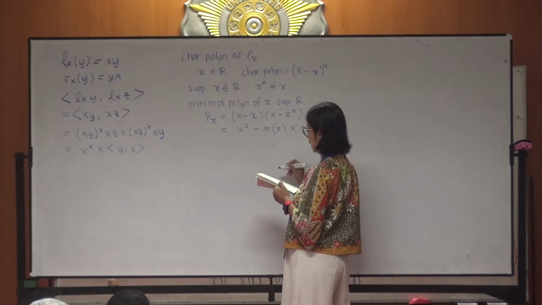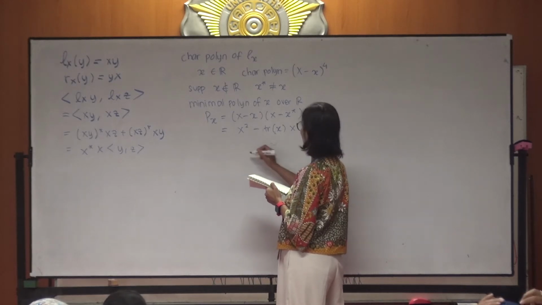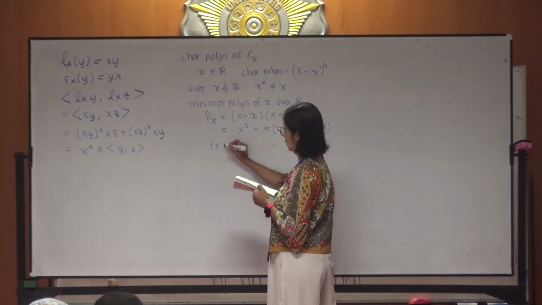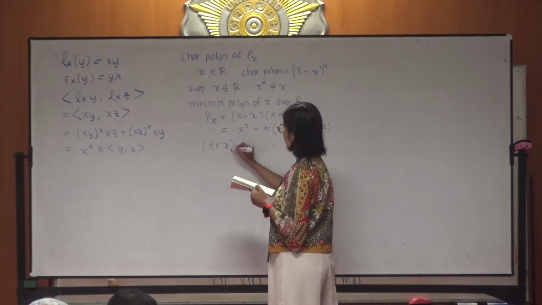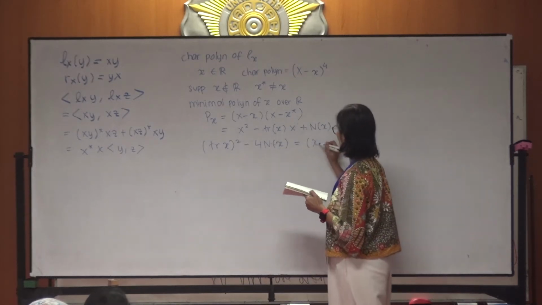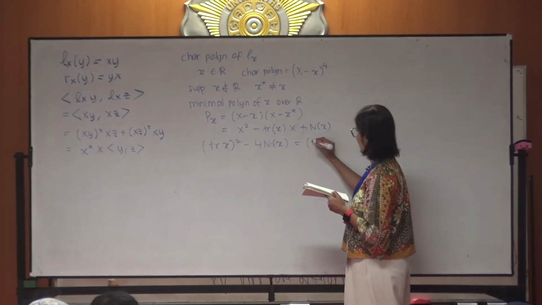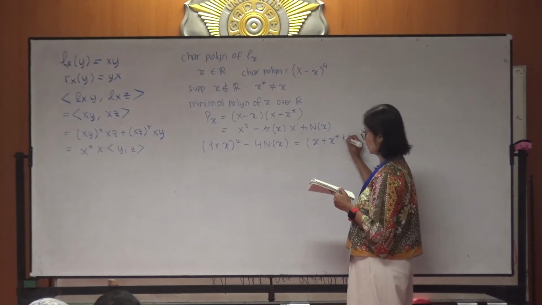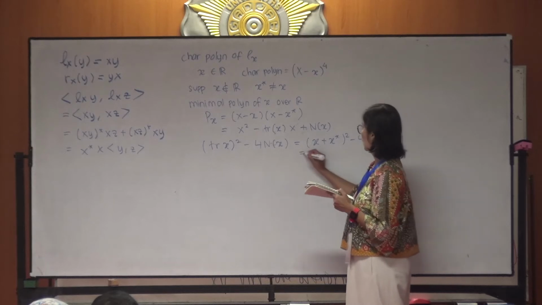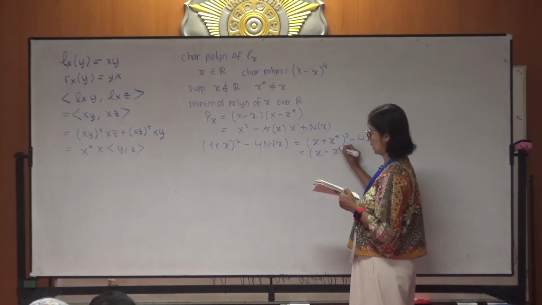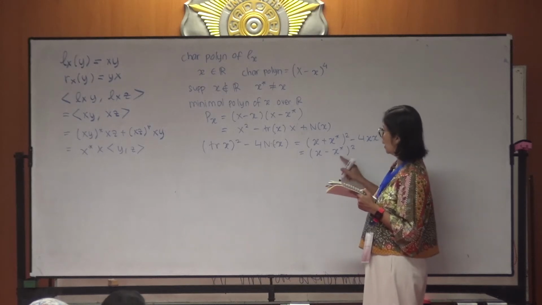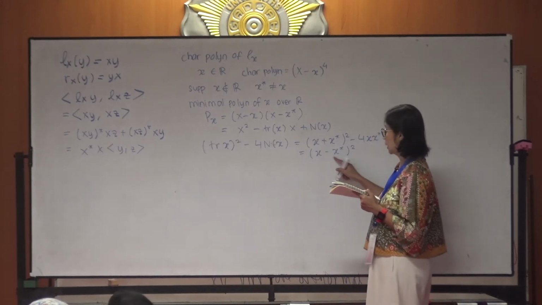And we can compute that the discriminant is (x plus x star) squared minus 4 x x star, which is (x minus x star) squared, but this will be a negative number because this is imaginary.